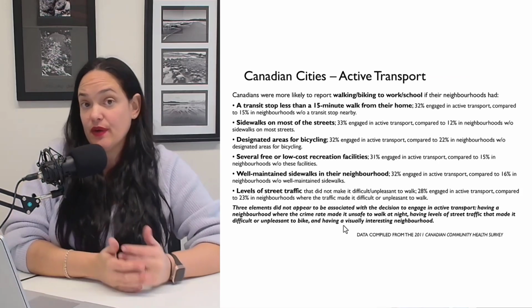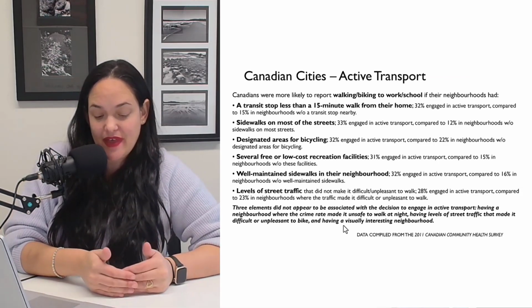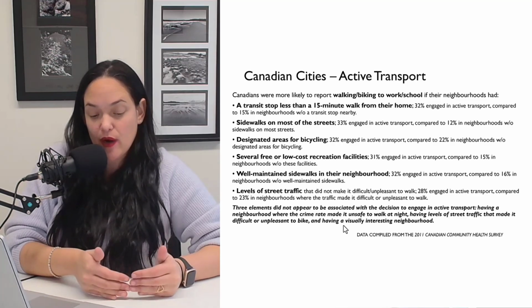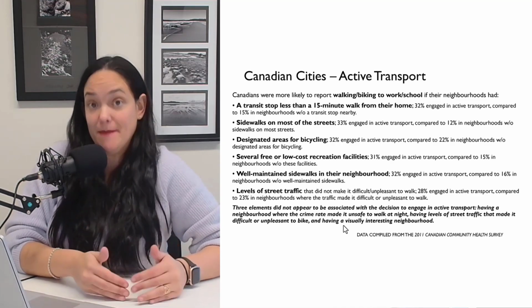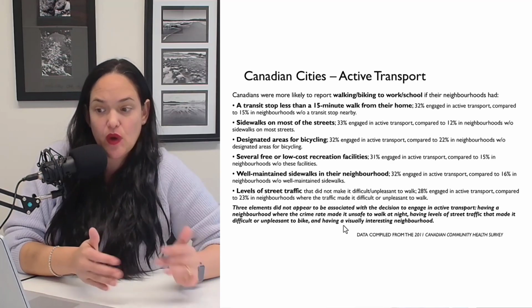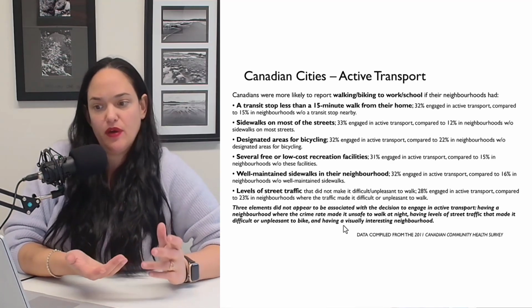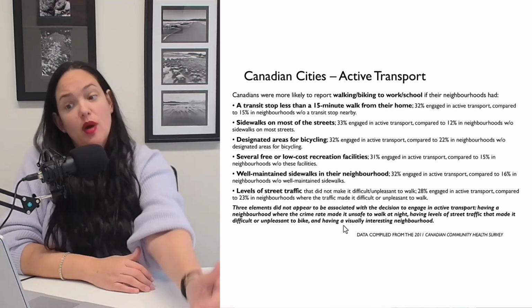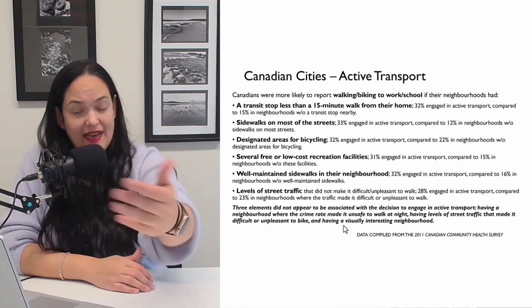Okay? And there is research that goes into this too, that in Canadian cities, environments where there are more active transport options result in people being more active. Don't worry about the statistics themselves on this slide, but know that if you have a transit stop less than 15 minutes away, you are more likely to get more physical activity, more active transport.